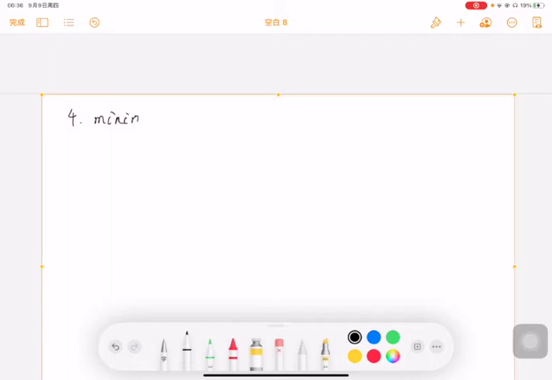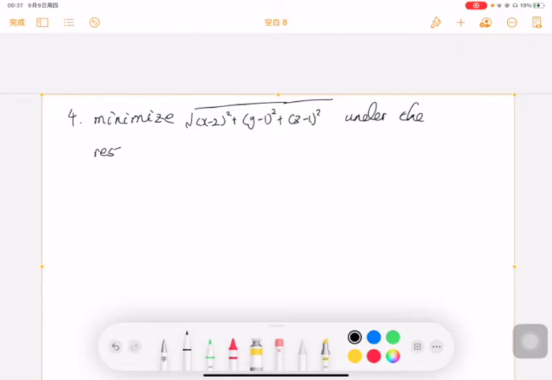Minimize the distance from (x, y, z) to the point (2, 1, 1). Now that is, using the formula for the distance, the square root of (x minus 2) squared plus (y minus 1) squared plus (z minus 1) squared, under the restraint x plus y plus z equals 0.